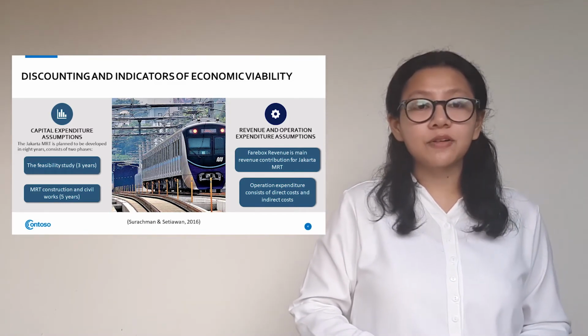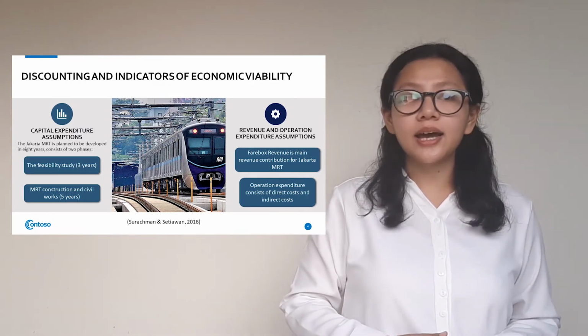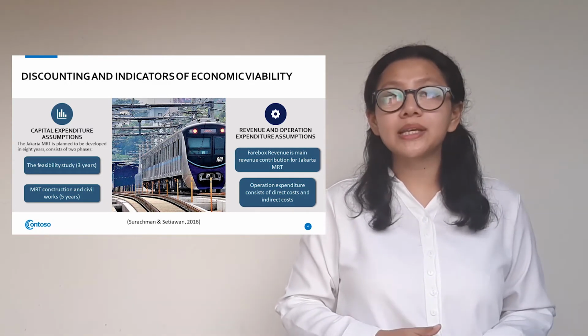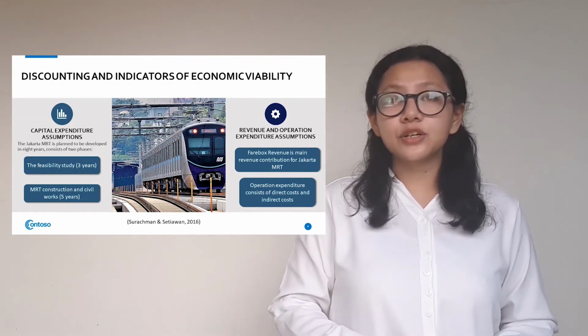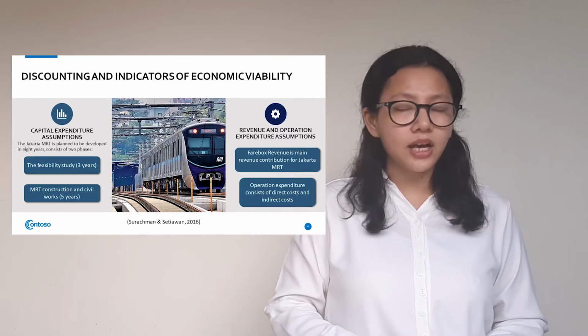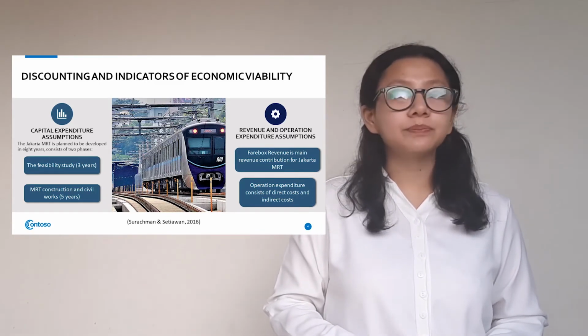For the capital expenditure assumptions, as you may know, the Jakarta MRT is planned to be developed in 8 years and consisted of 2 phases. The first phase is the feasibility study, while the second phase is for the MRT construction and civil works.